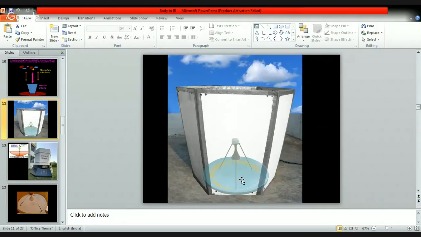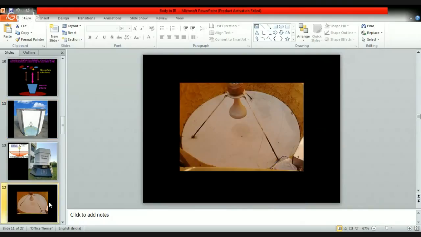And then the scattered energy from the top will come, and this energy will be received by the same transmitter or the transducer. I'll just show you the actual photograph.